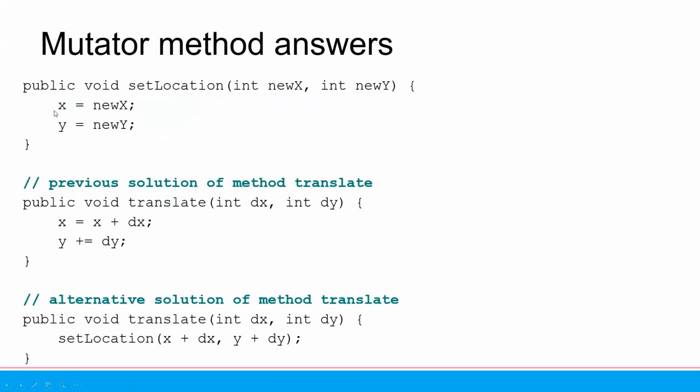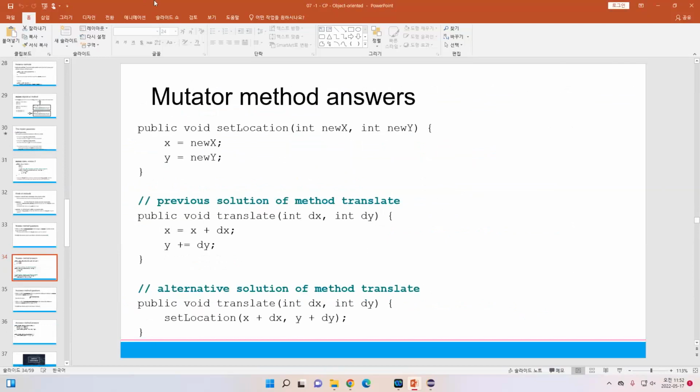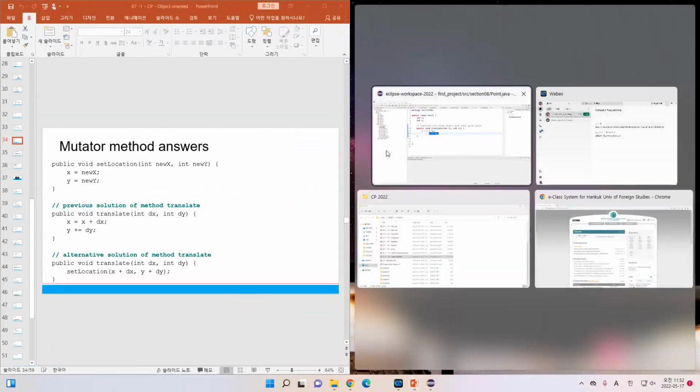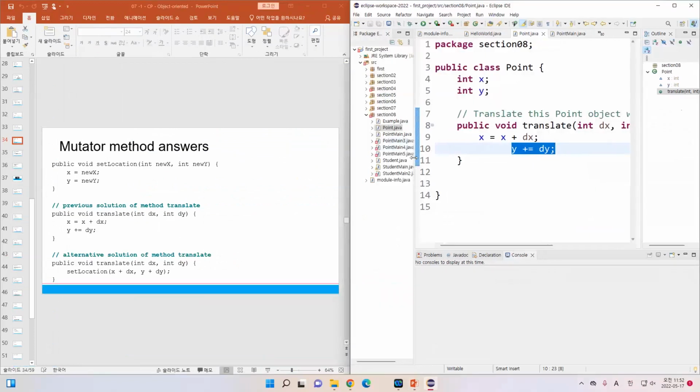Now we will have a new method. I can create a new method, public void setLocation.